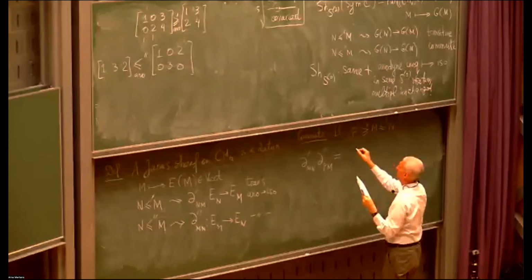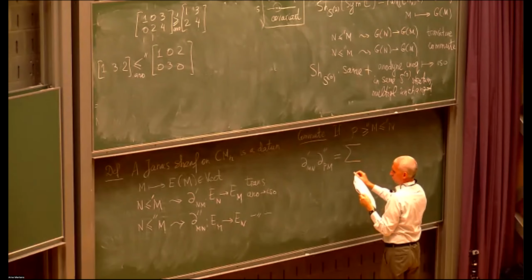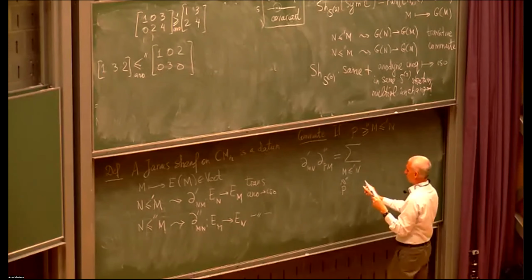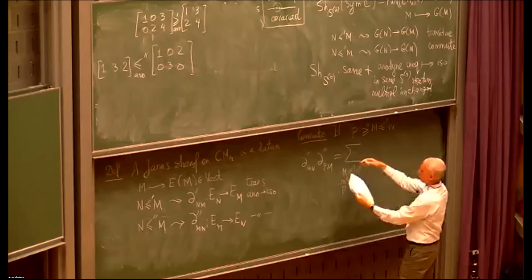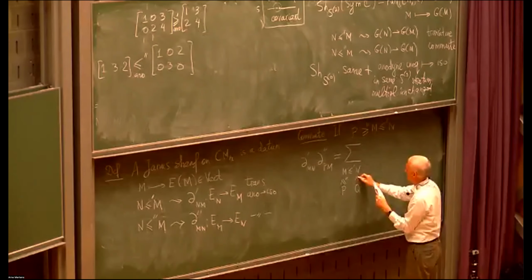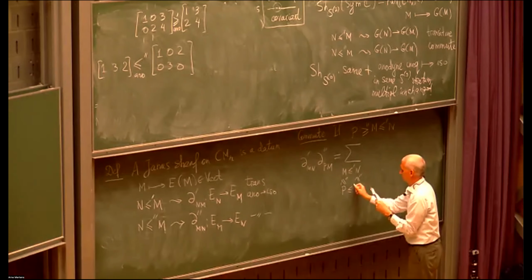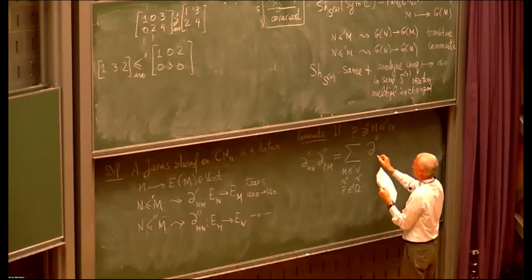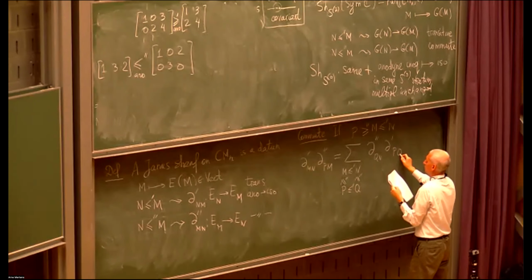Here will be a version, I write the sum over M less or equal prime N, less or equal second P, and there will be some Q here, which fit into, let's call it a Cartesian diagram or something like this. And here I write in the opposite way, del second Qn, del prime PQ.